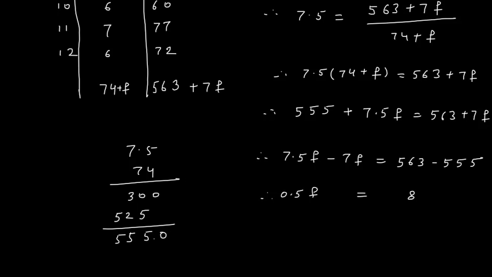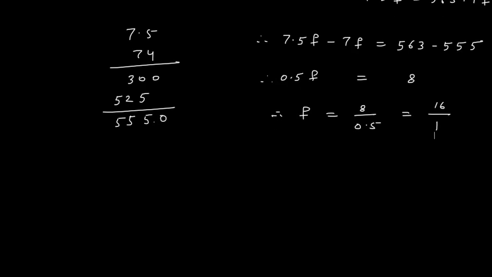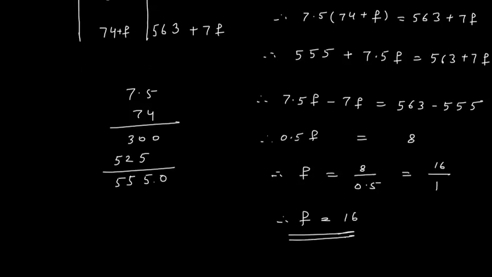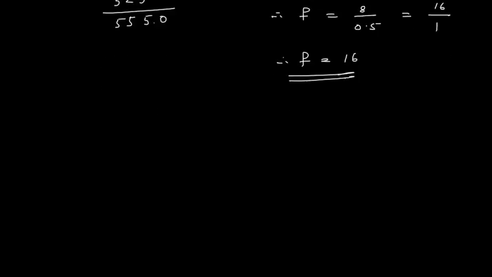Now 5 minus 5 we get 0 and 0. So 0.5f is equal to 8. So therefore f is equal to 8 upon 0.5 is equal to, now if I multiply by 2 I will get 16 here, and 2 into 0.5 is 1. So the unknown frequency f is 16. So our question is to find the value of f. So f is equal to 16.